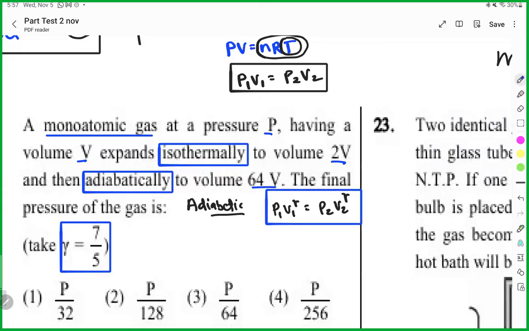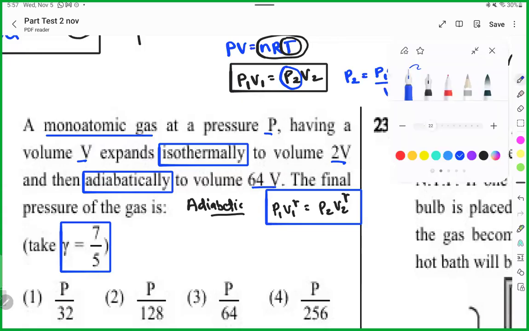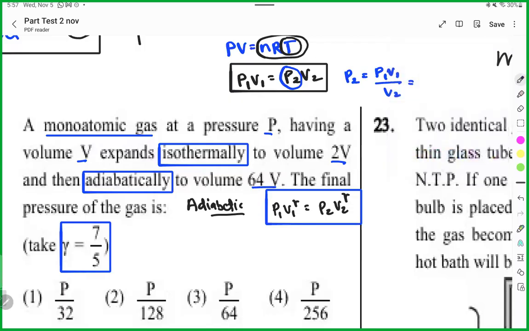Okay, so first you calculate this pressure. P2 value will be equal to P1 V1 by V2. What is the initial pressure? P. Initial volume V. Volume after the isothermal process 2V. So this pressure is P by 2. Now in adiabatic, what will happen?